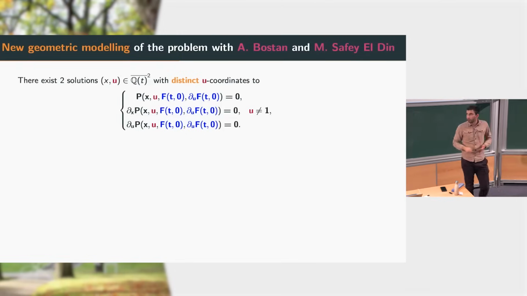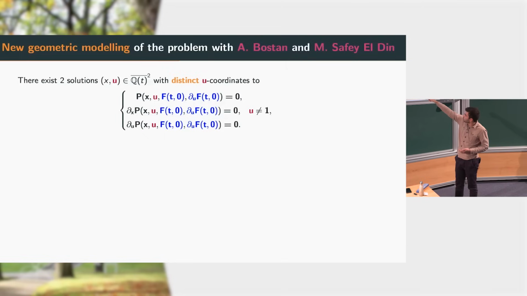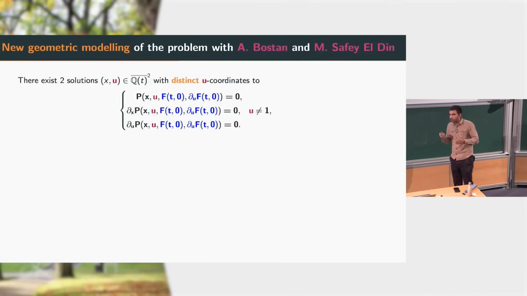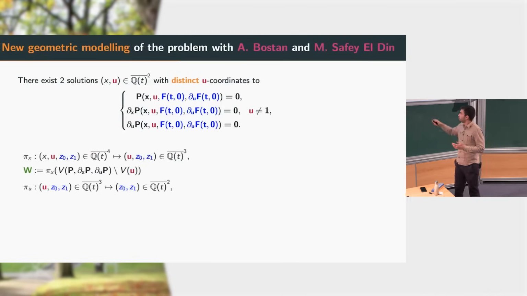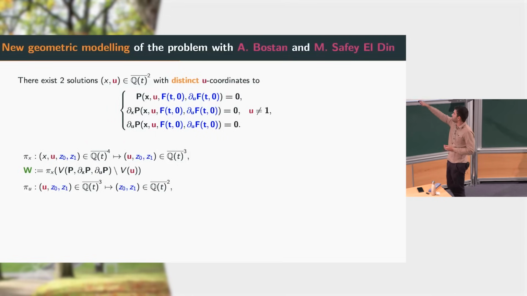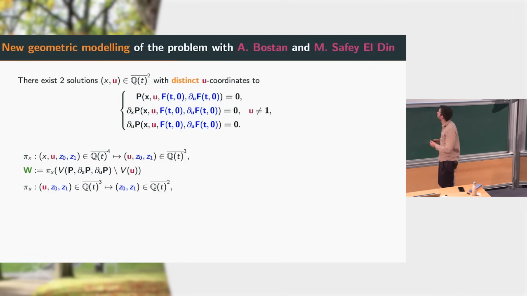When you fix the blue coordinates, there exist at least two solutions with respect to the u coordinates. Forgetting a variable is just a projection, so you project onto the (u, z0, z1) coordinate space, where z0 and z1 are the variables associated to the blue series.